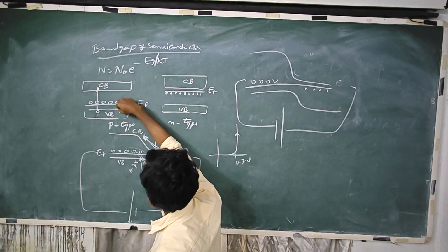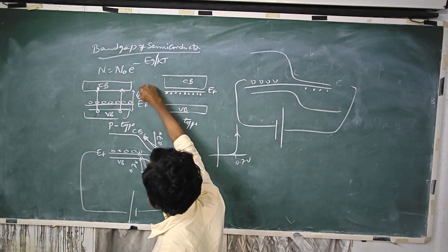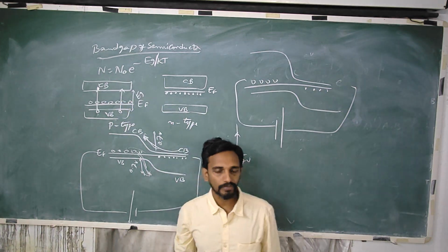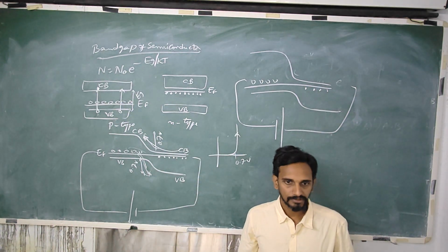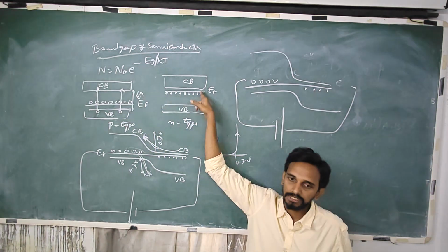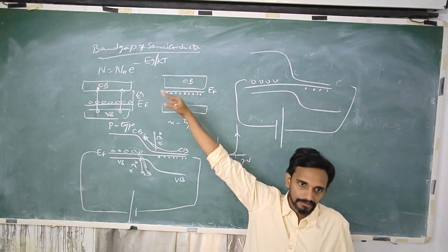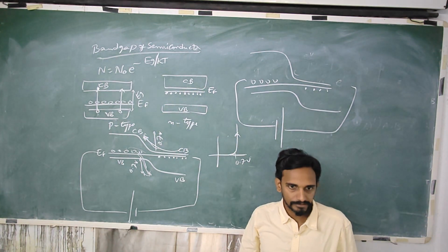And if you supply sufficient amount of energy equal to the band gap, electron hole pairs will be created. From the dopant element you get either only holes or only electrons, whereas from the base semiconductor you get electron hole pairs.